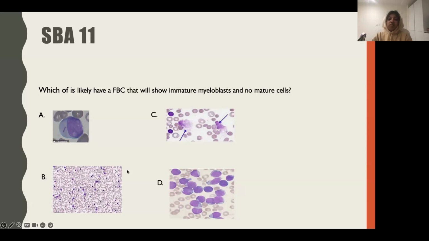Which of the following is likely to have an FBC that will show immature myeloblasts and no mature cells?